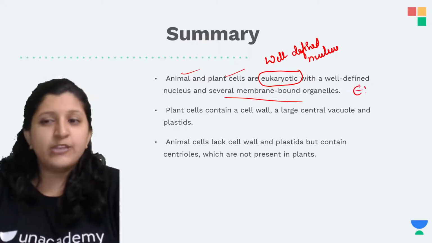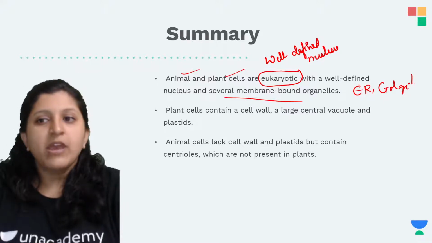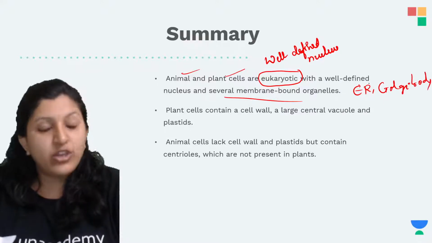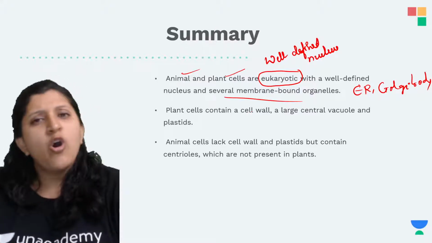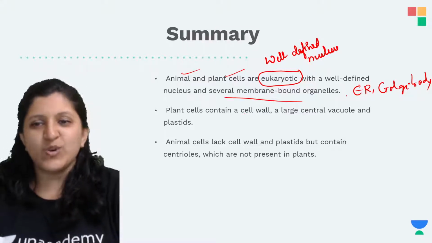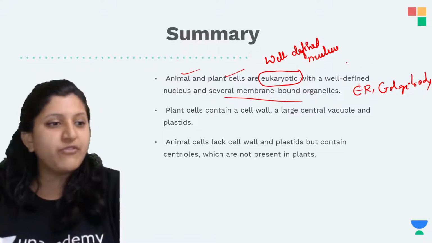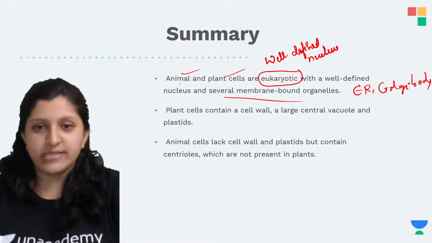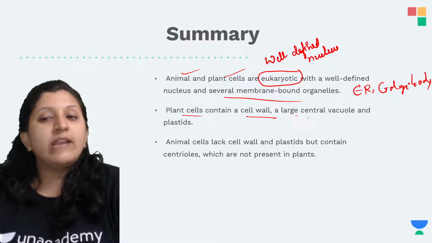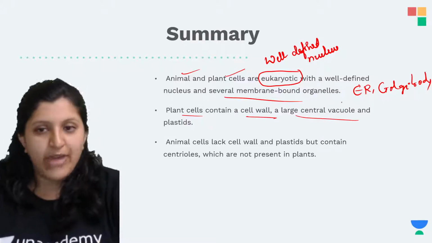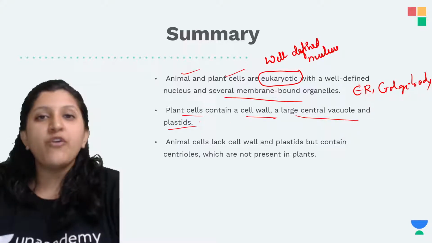There can be endoplasmic reticulum, there can be Golgi body. Then you can find a vacuole, but smaller ones can be found in animals, or it can be completely absent also. Ribosomes you can find in both of them, there is no difference as such. Plant cells contain a cell wall, a large central vacuole, and plastids. This we do not see in case of animal cell.